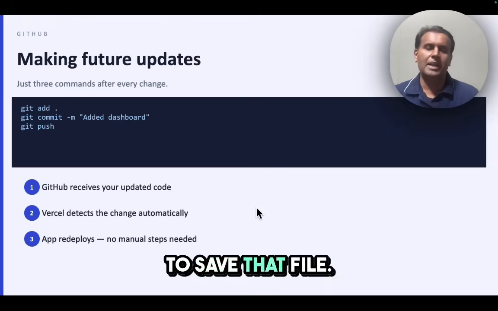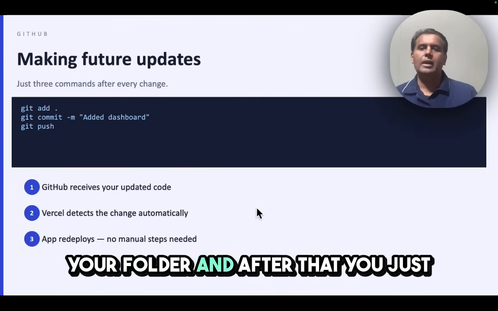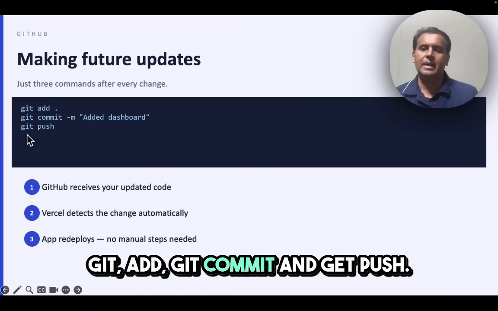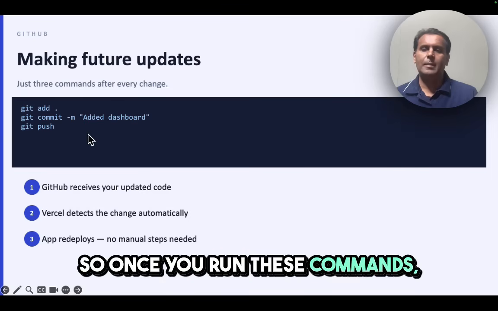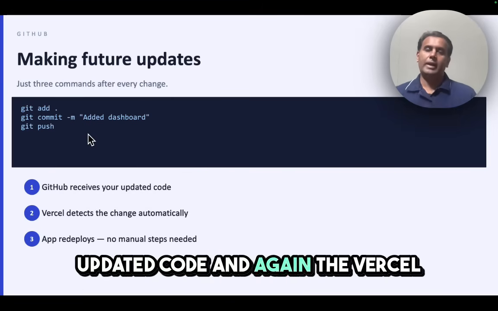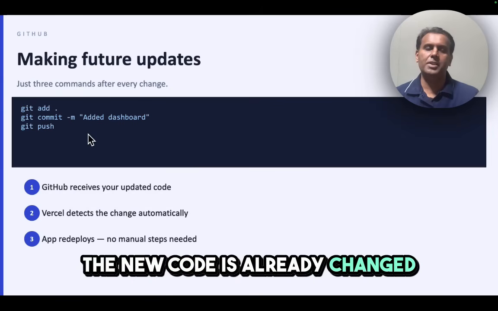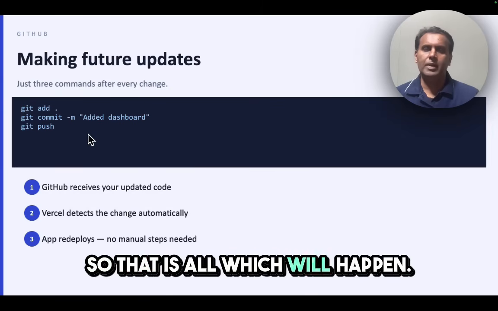You have to save that file, overwrite the file in your folder, and after that you just have to run these three commands: git add, git commit, and git push. Once you run these commands, GitHub receives your updated code, and again Vercel detects it, and the new code is already changed. The file will be available. That is all which will happen.